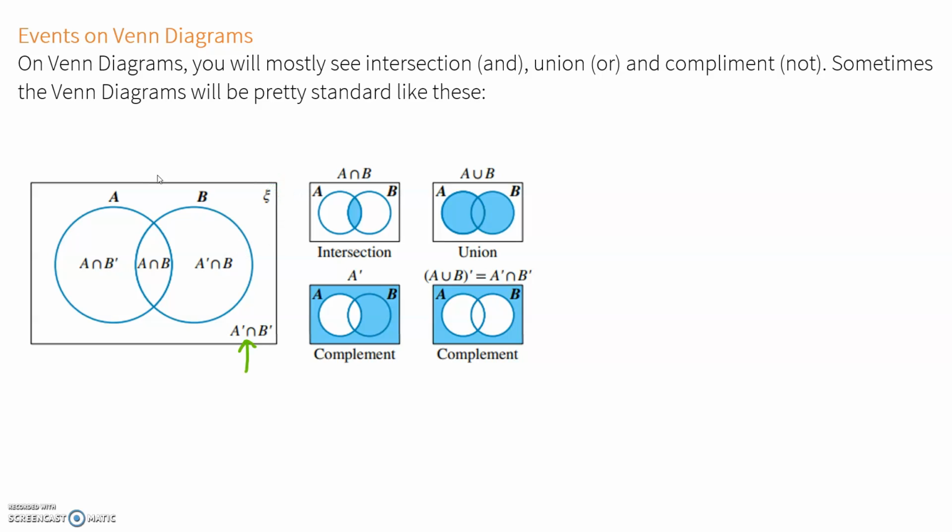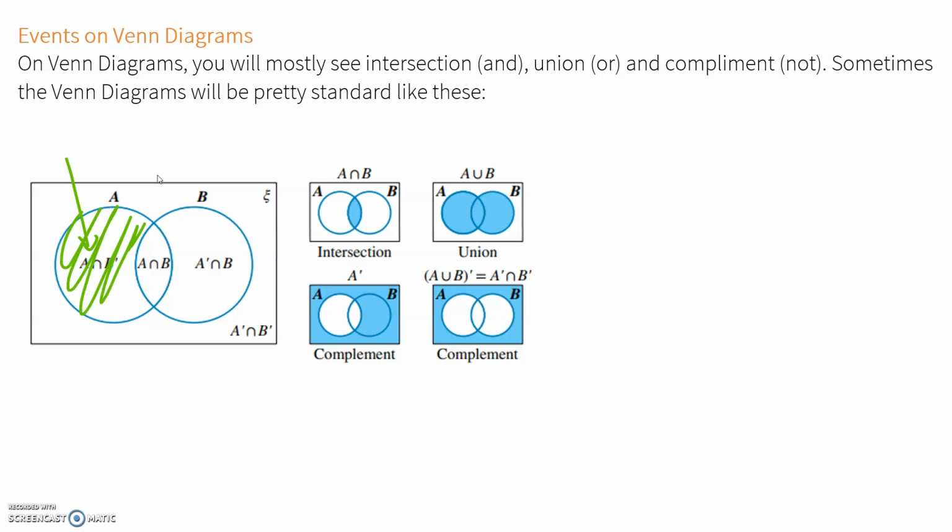This part on the outside is not A and not B. This shaded part is not A and B, so it's all the parts of B that are not A. We can do the same thing on the other side.